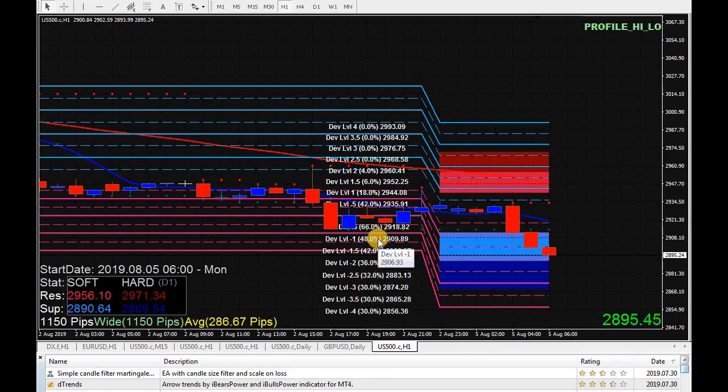Conversely, look here. There's 48, 42, 36. You see how these numbers are all closer together? 36, 32, 30. This tells me that when the market started moving, like right here, there was a high probability, because there's not much of a gap in the numbers anymore, that the market could continue moving still because there's not a lot of gaps being painted here statistically.